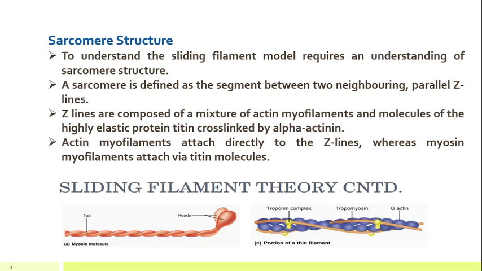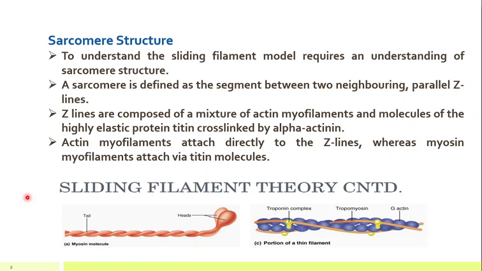First we have to recall the previous lecture, sarcomere structure. So let's see the sarcomere structure. To understand the sliding filament theory or model requires an understanding of sarcomere structure.